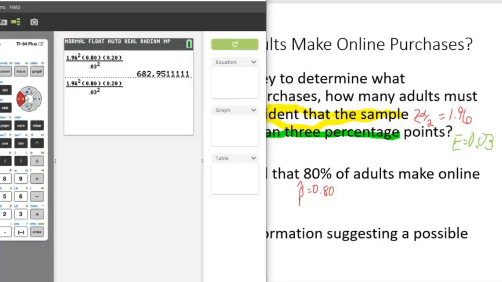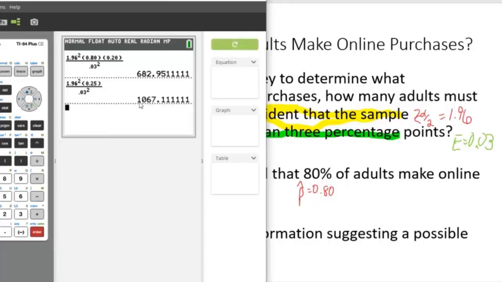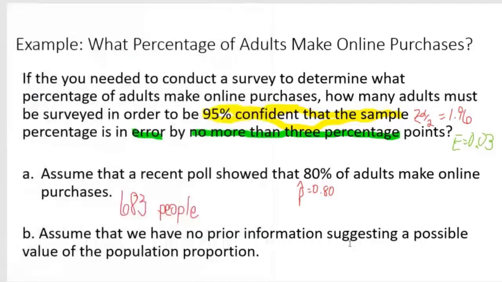But instead of having both of these sets of parentheses, I have 0.25. So I just typed over that. Now I've replaced that, and I get 1,068 because you must go up. 1,067 is not quite enough, so I need 1,068.